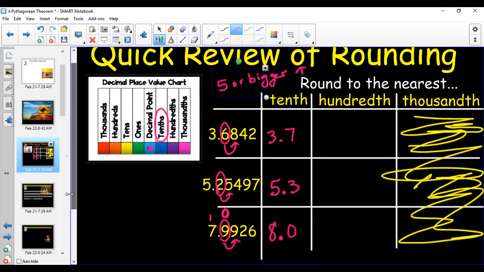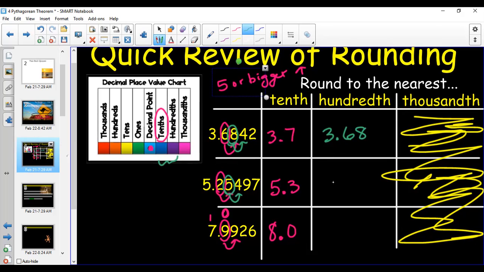Okay, so that's tenths. Let's do hundredths. So I'm going to look at hundredths. There's 2 decimal places. So I'm going to look at the second decimal place this time and look one behind. So this would be 3.6, and it either stays an 8 or rounds up to a 9. Since this was a 4, it's going to stay an 8. All right, the second one, look at your 5.